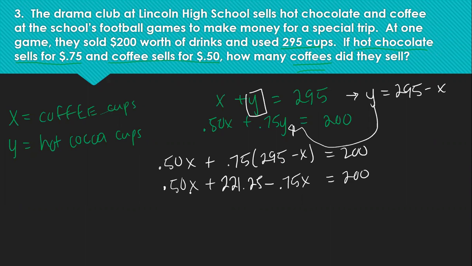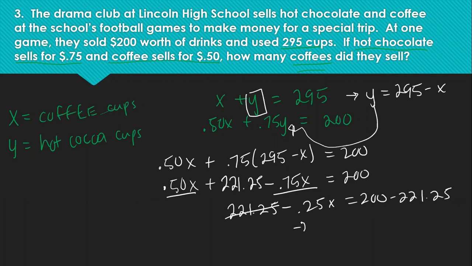All right. Combining like terms. You have 50 cents, you spend 75. That means you're in debt 25 cents, right? I'm going to subtract 221. Leaving us with negative 21.25.